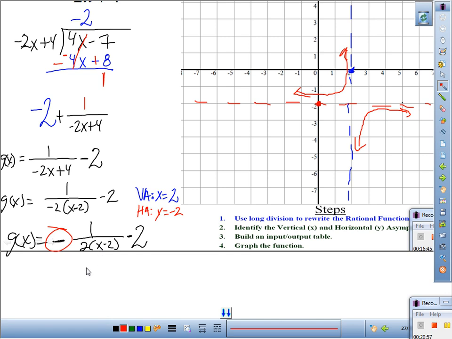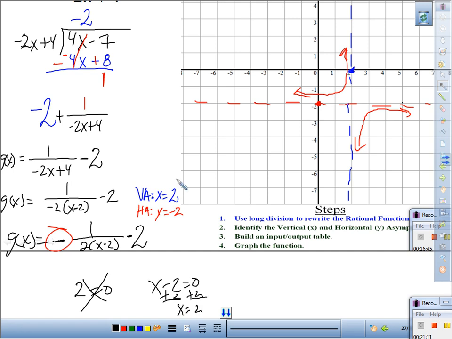For this, 2 equal to 0 doesn't work. X minus 2 equal to 0. Plus 2 plus 2. X equals 2.